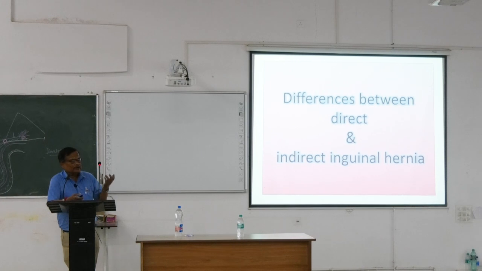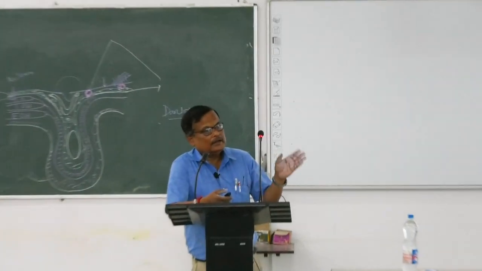কি বলছিলাম আরেকটা, lateral to the inferior epigastric artery, and direct hernia is medial to the inferior epigastric artery. Neck of the hernial sac is lateral to the inferior epigastric artery in the indirect hernia.